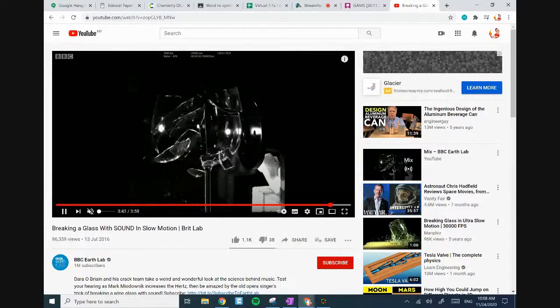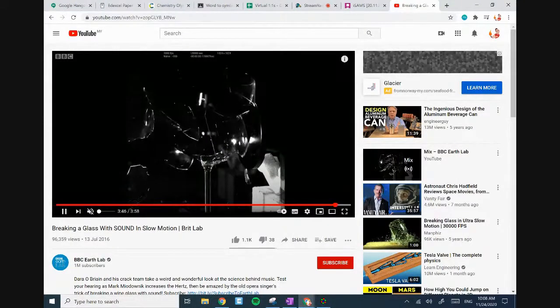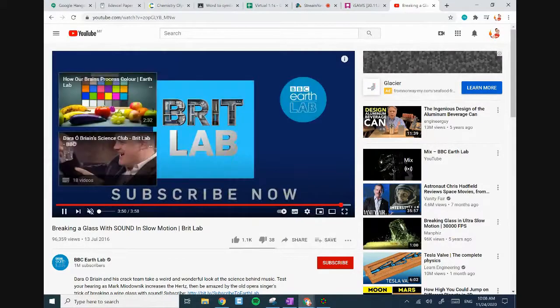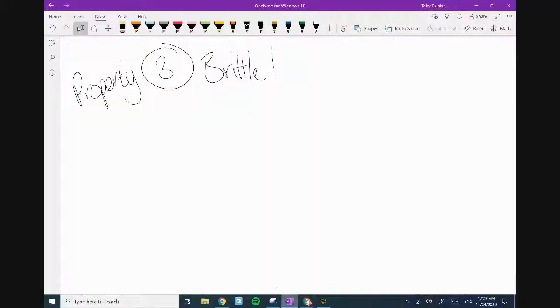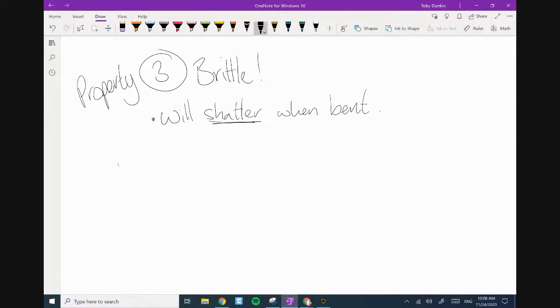Wow, that's brittle. Brittle means that if you are to bend it, it will shatter. It'll break. So let's now turn that into a diagram. They're very brittle, so will shatter when bent.